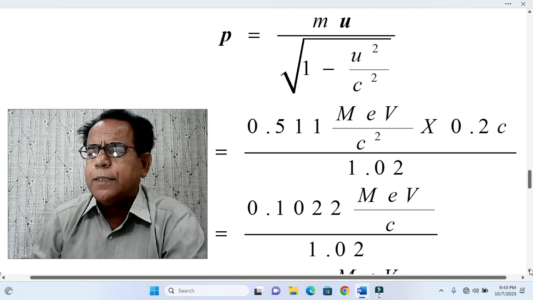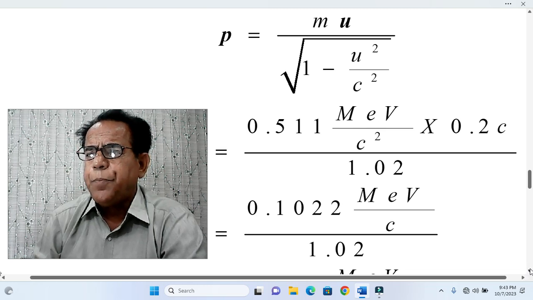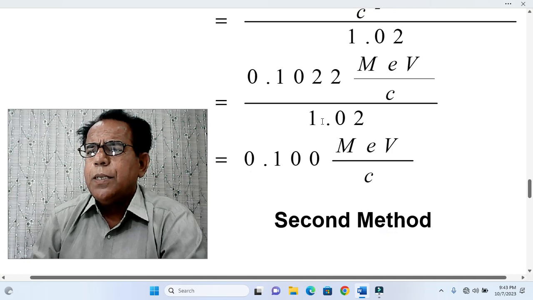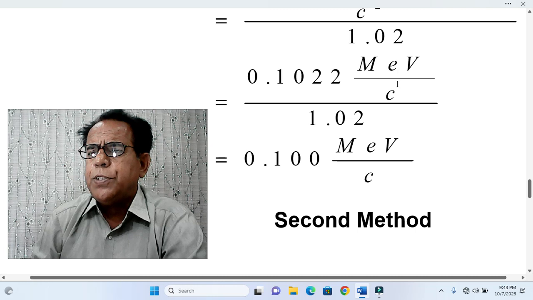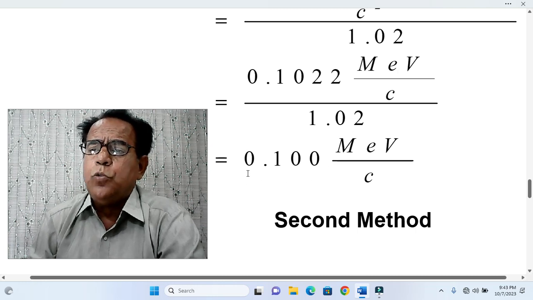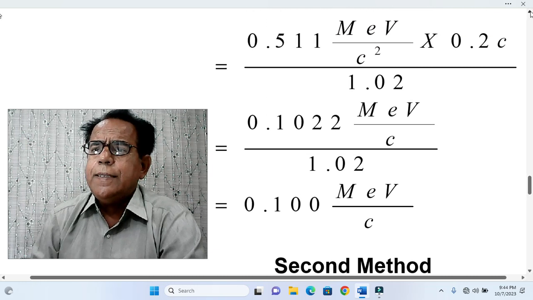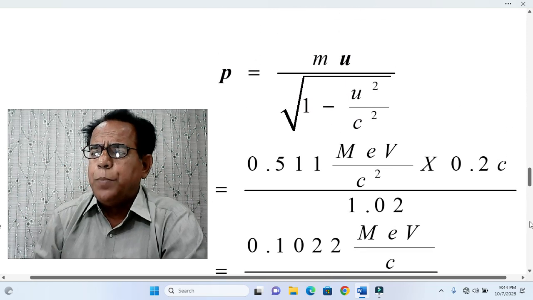After simplification our answer becomes 0.1022 million electron volt over c over 1.02, and hence this becomes equal to 0.100 million electron volt over c. This is the value of momentum P, and now we are going to counter check.